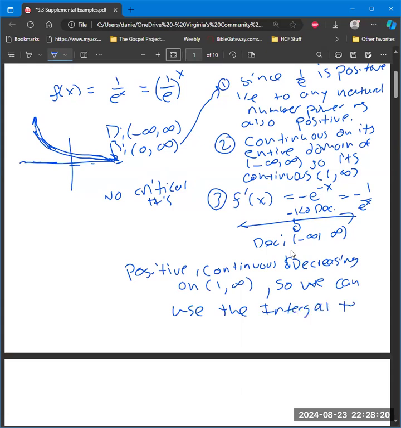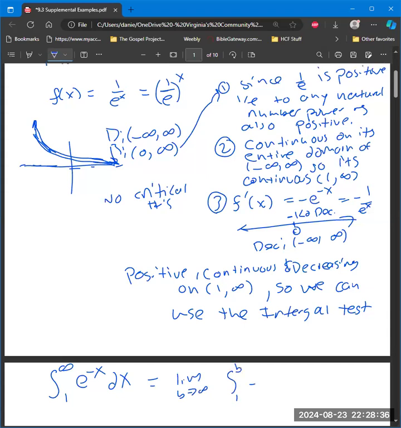That was all preliminary. Let's go ahead and use the integral test now. The integral from 1 to infinity of e to the negative x dx is the limit as b goes to infinity of the integral from 1 to b of e to the negative x dx.